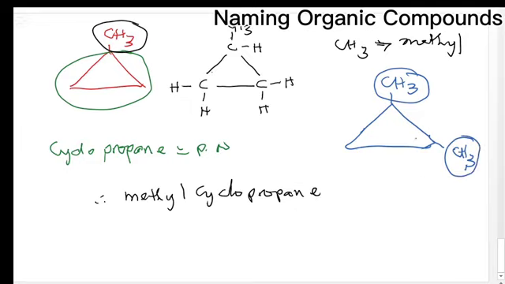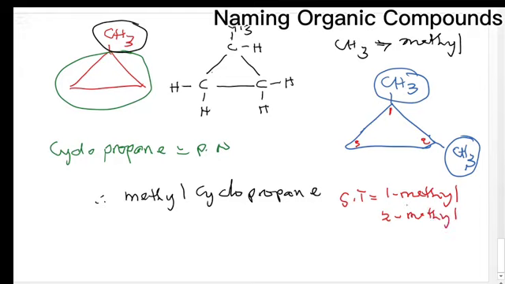It is still a cyclopropane, but one of the substituents is on position 1, this is position 2, and this is position 3. So to name this, your substituents would be 1-methyl, right? That's the first substituent. The second substituent is a 2-methyl.